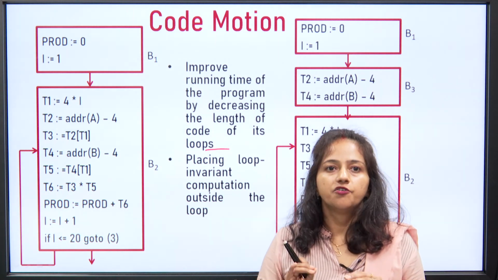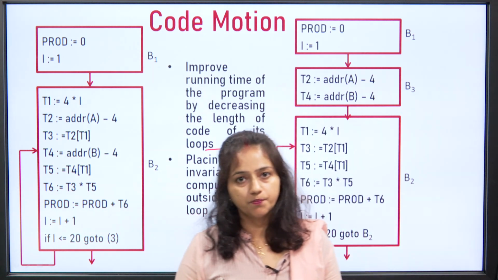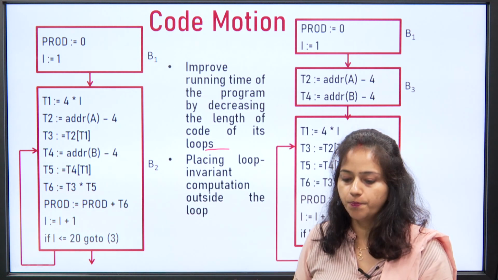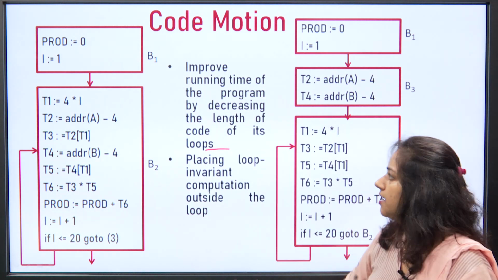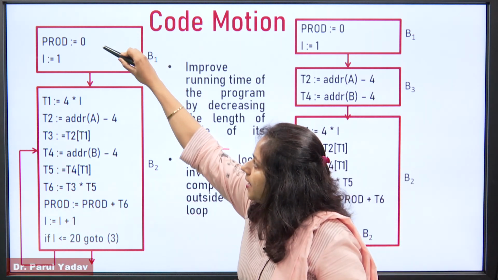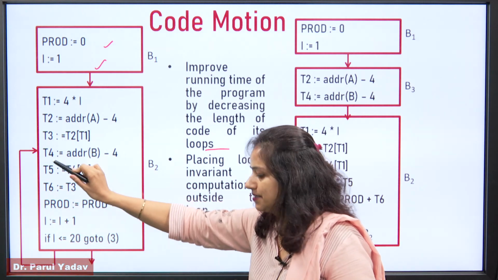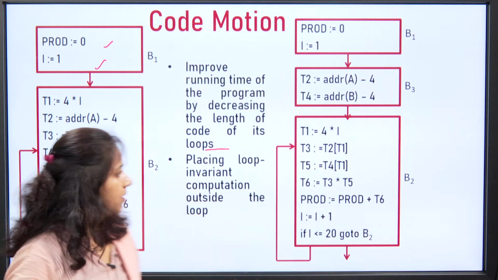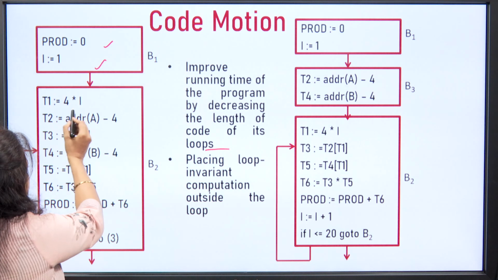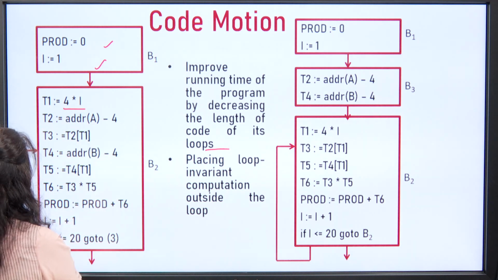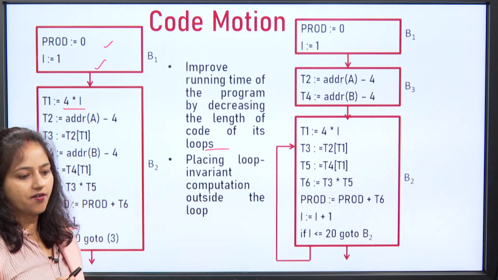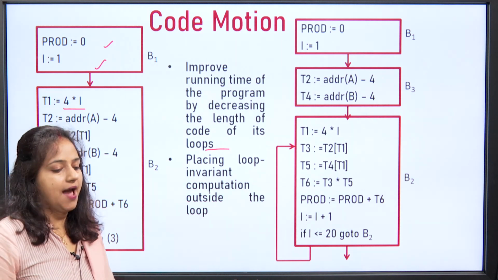First we will find the instructions that can be moved, meaning we will look at the loop invariant computations. Here we see that product 1 and I1 is okay, and in B2 there is a loop. T1 is equal to 4 into I, and I is updated in every iteration, so this needs to be kept in the loop.